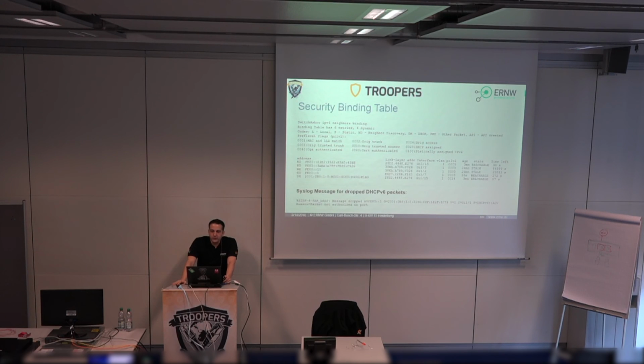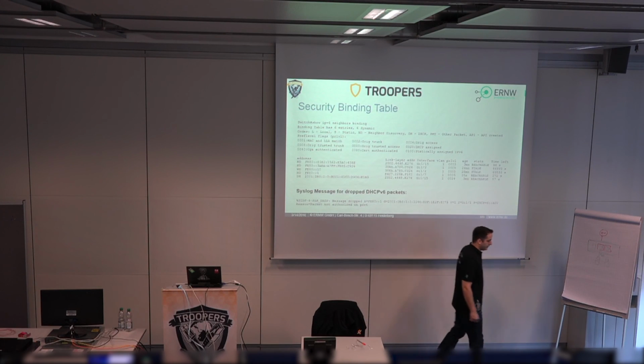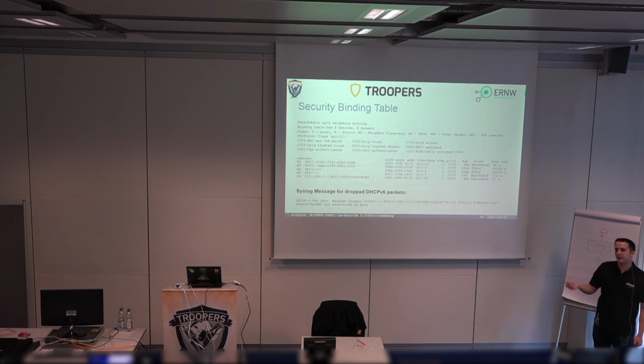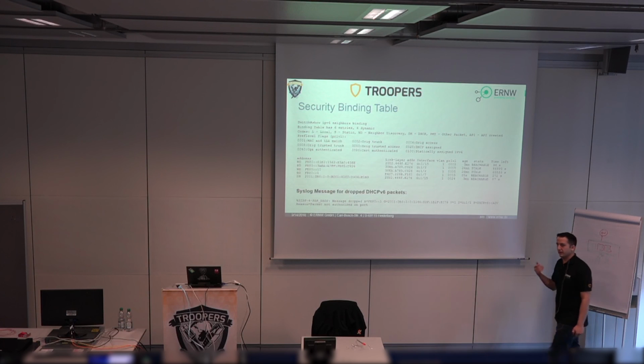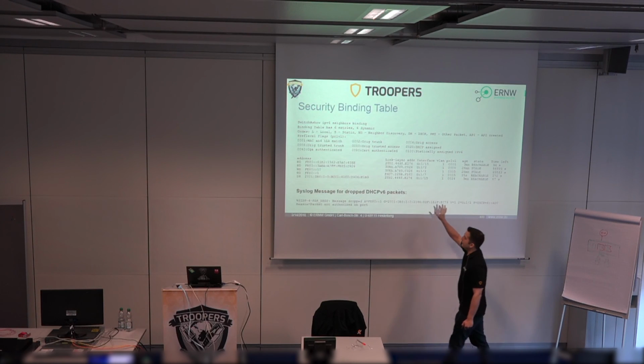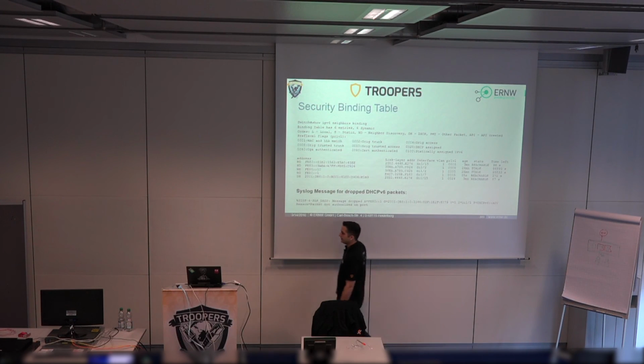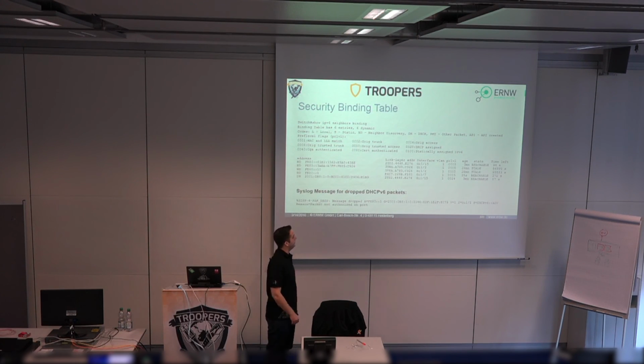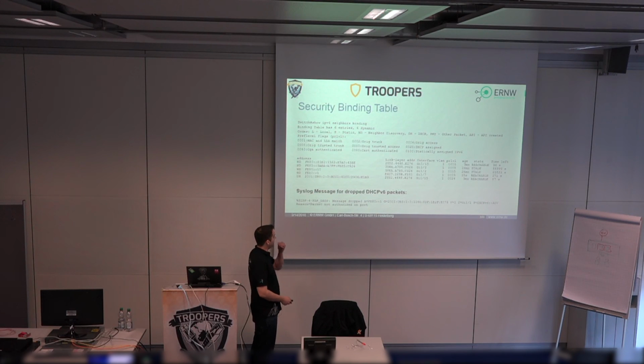But for NDP snooping, the switch, of course, has to store a local table, so that when it sees a spoofed neighbor advertisement packet, the switch can make the decision: is this a legitimate neighbor advertisement or not? In this case, as you can see here, the switch builds a so-called security binding table, where it stores all information it has learned.